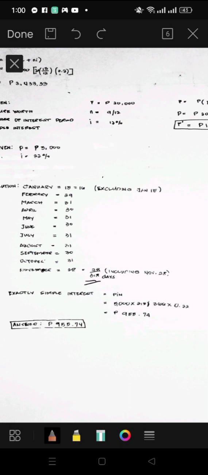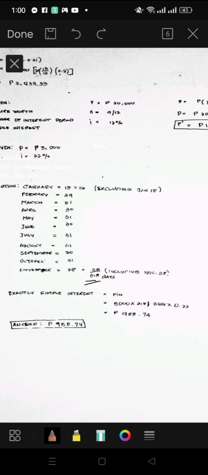If it is a leap year, let's add 1, so we use 366 days. So 333 minus 15.